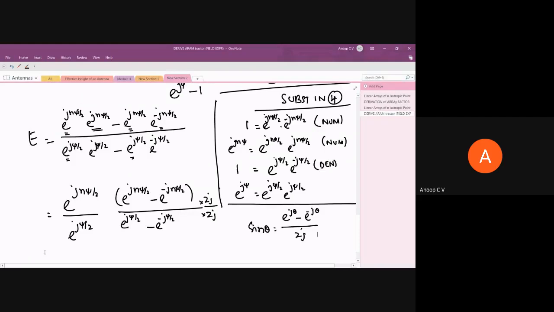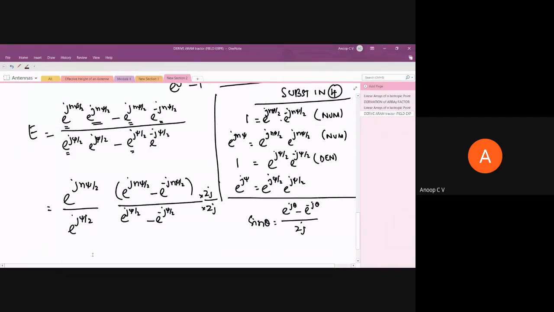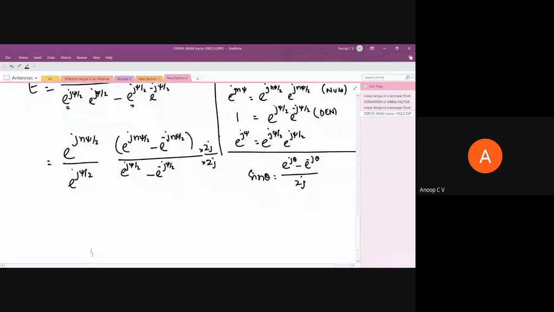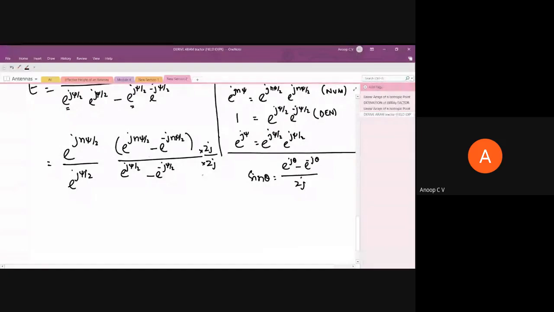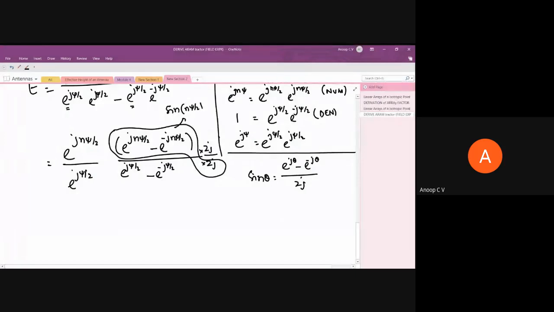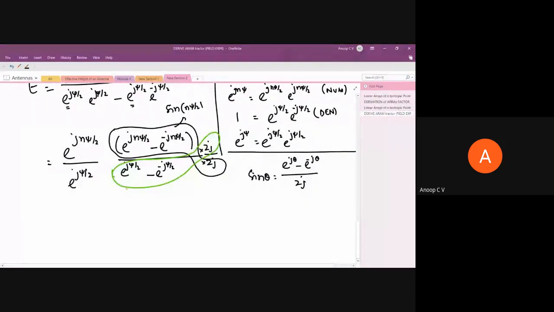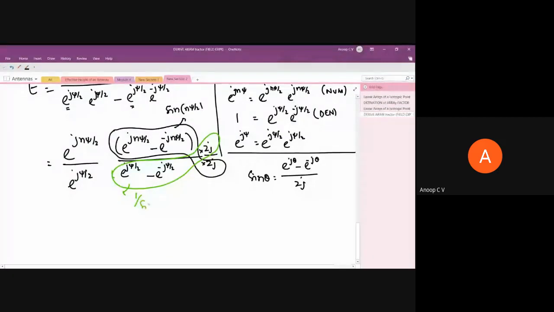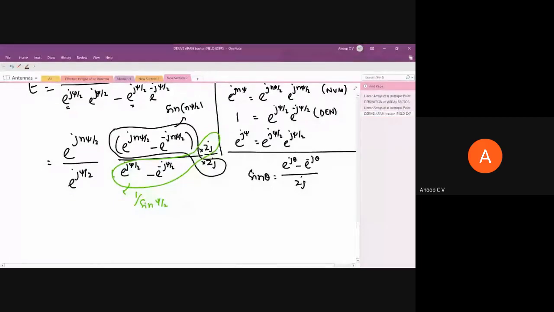So I can rewrite it as, please stop me if you have any confusion, this entire thing will be sine of n psi by 2, and this thing, being in the denominator, will be 1 by sine of psi by 2.